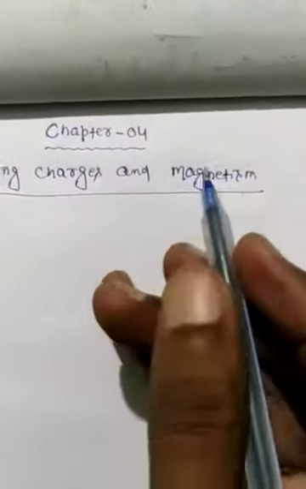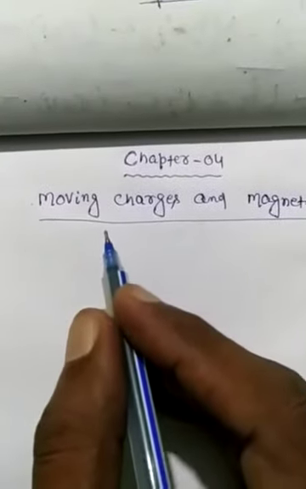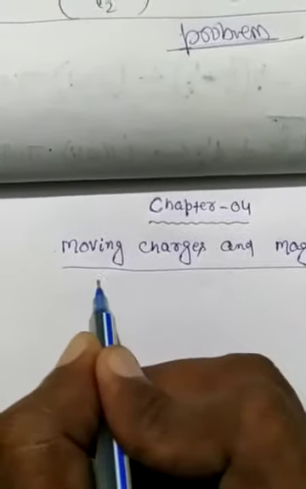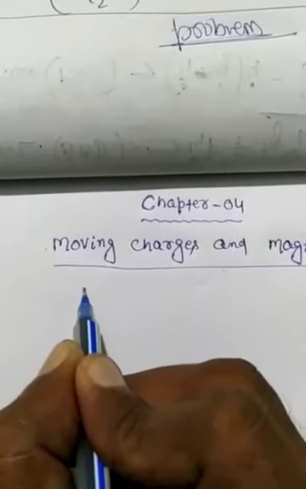Dear students, today we have to discuss your chapter 4, moving charges and magnetism. The study of the properties of moving charge and magnetism was first discovered by a Danish scientist.